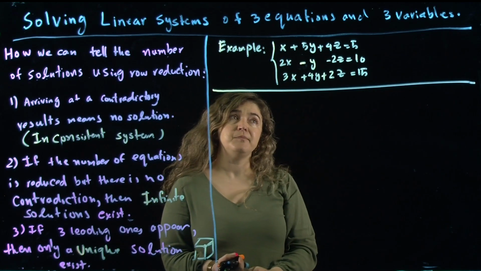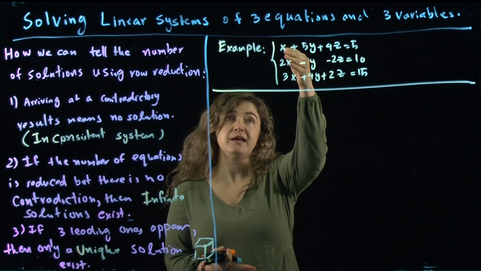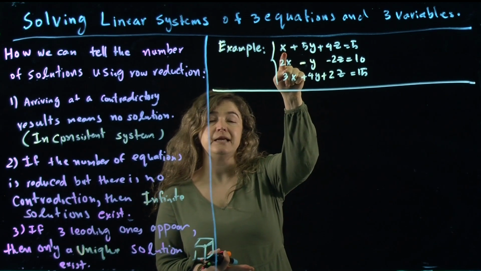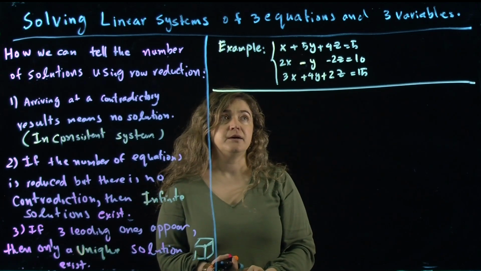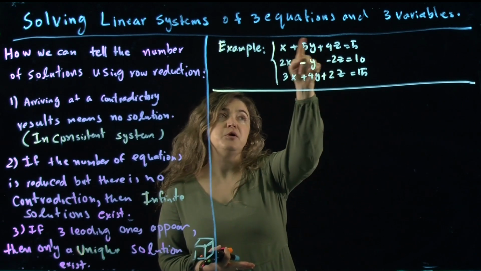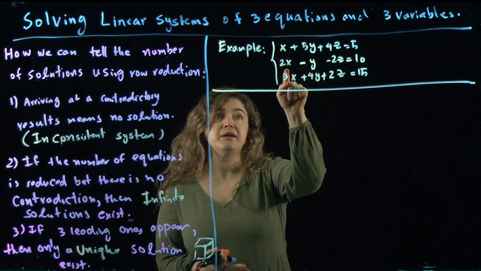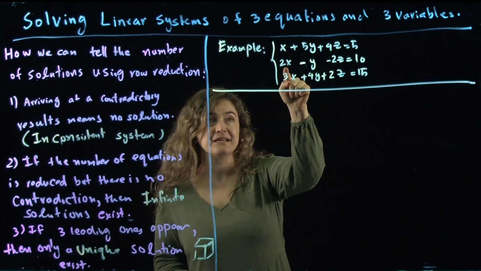So the next step is to make the coefficient of x 0 underneath that leading 1. To do that, I have to add a multiple of the row with the leading 1 to the row that I want to eliminate x in.